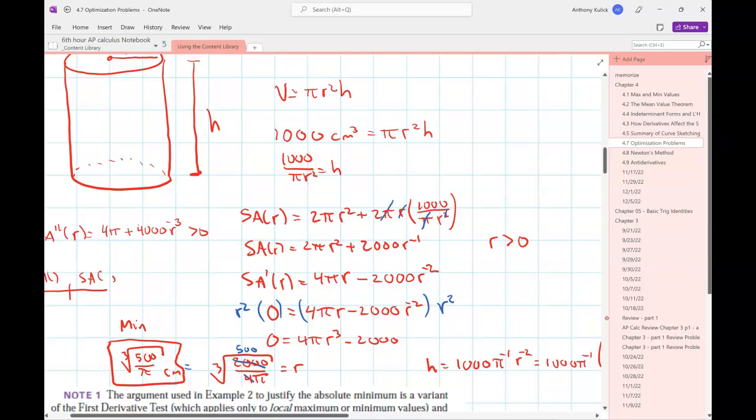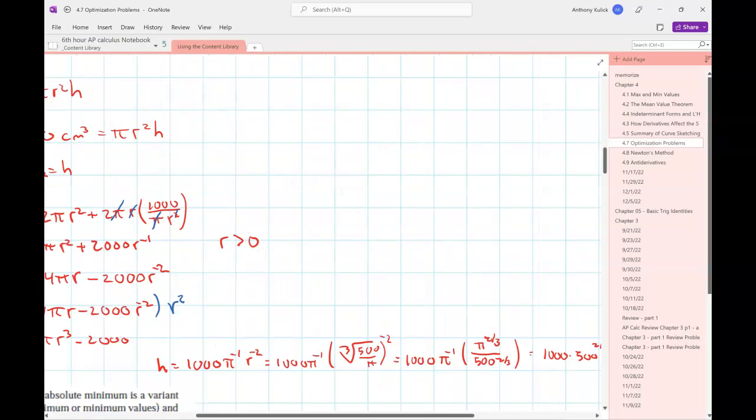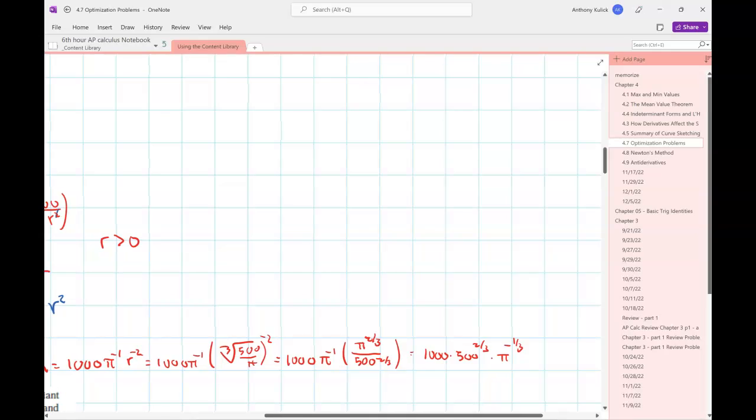I'm regretting simplifying that to 500 instead of leaving it as 1,000 over 2 pi. Because when I do the cube root of 1,000, I could do something with that. Oh. Now I'm stuck. But it's fine. It's whatever.